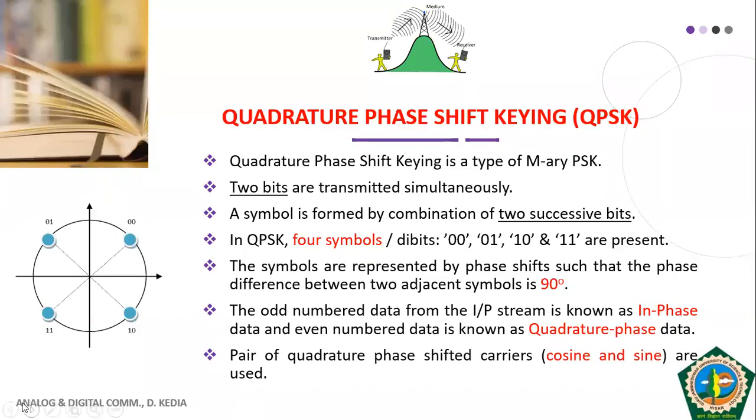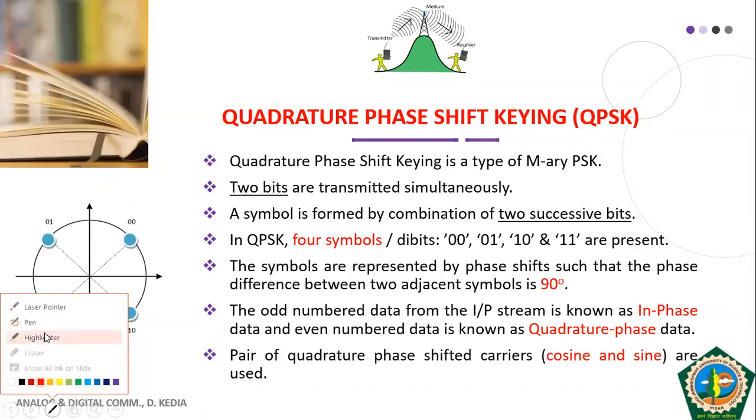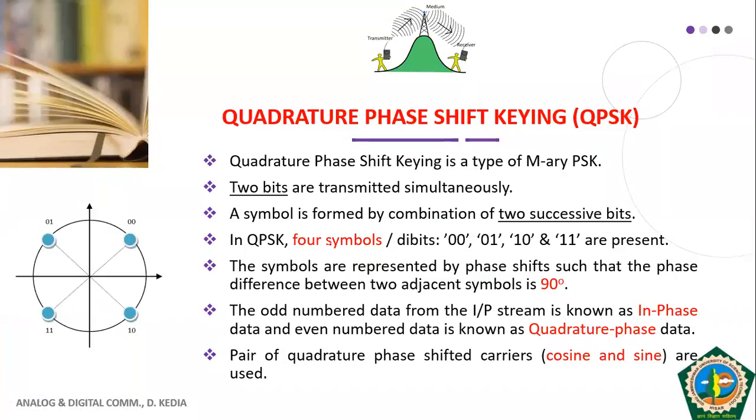As I have shown in the slide as well, in QPSK we transmit 2 bits simultaneously. Each symbol in our QPSK consists of 2 successive bits. You all know that the data will be presented to us in a serial binary stream, with successive binary digits.